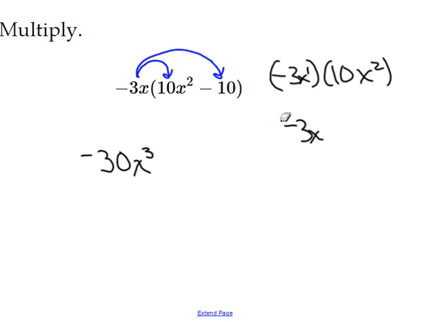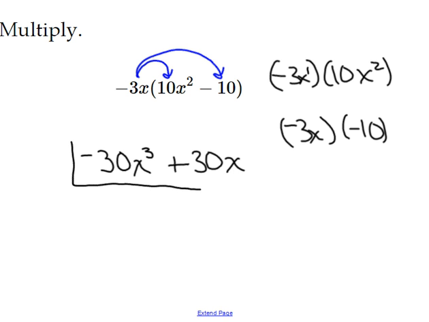So that's a negative times a negative. We know we're going to get a positive, so there's going to be a plus sign in between the terms that I'm going to get. So negative 3x times negative 10 is positive 30x. So I write plus 30x. And that's our final answer.